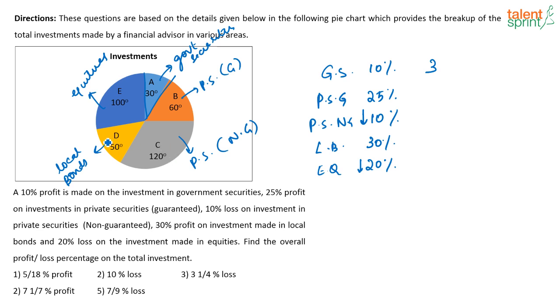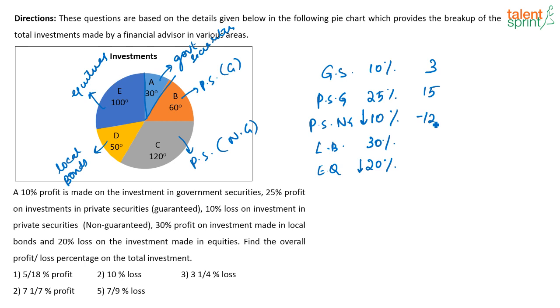Similarly, when you have public sector guaranteed, 60 is the investment. Out of the 60, how much profit am I getting? 25% profit, or 1/4 is profit. So 1/4 of 60 is 15. So 15 is my profit. Then public sector non-guaranteed, there is a loss of 10%. My investment is 120, but I am losing 12.